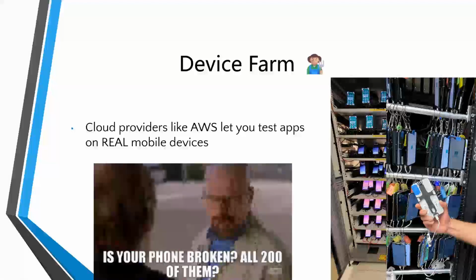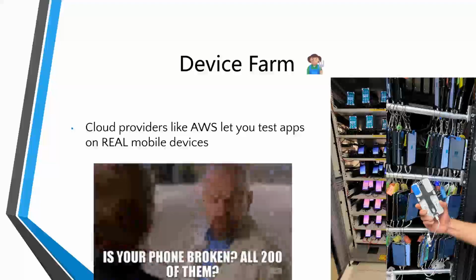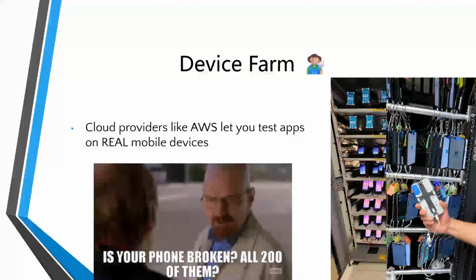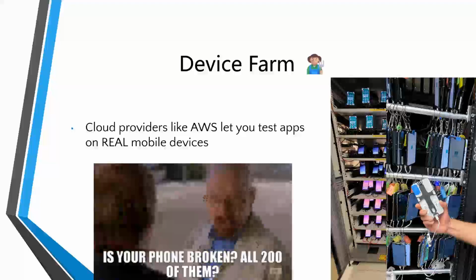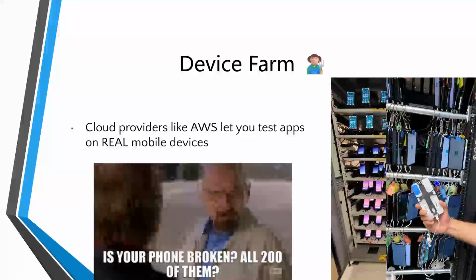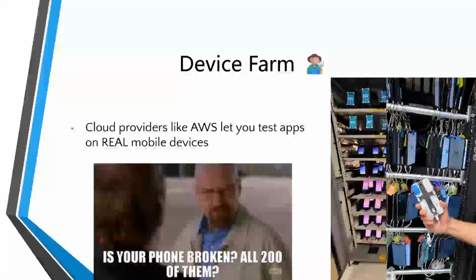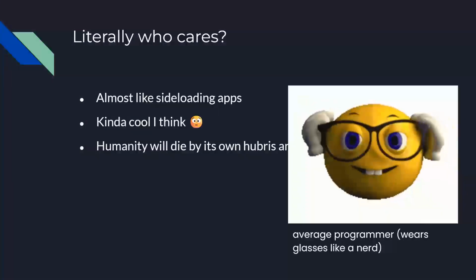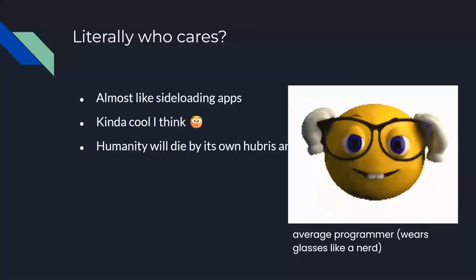If you work for Uber or something, then Uber might have their own device farm, a giant container filled with phones. Other mobile companies, like Snapchat, might have something like that. They have all these different types of phones, and whenever they make an update they test it on all those phones.